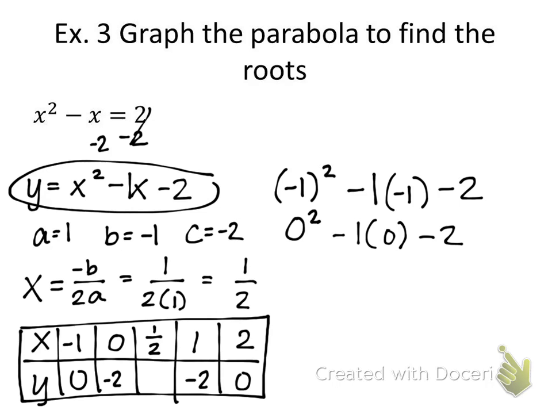-2. Now the last thing that we have to plug in is our vertex, which is 1/2. So I'm going to do my fraction bar, then 1/2 squared. So we have 1/2 squared -1 times 1/2 -2. That's exactly what I'm plugging in my calculator.